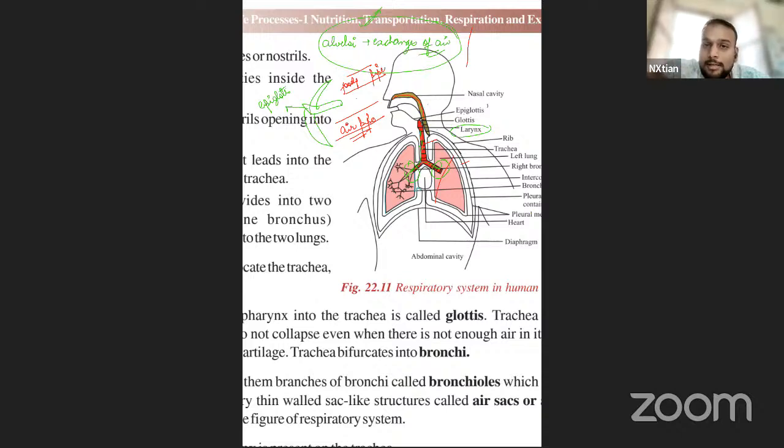The exchange of gases occurs at the alveoli, and the alveoli is the last part of the respiratory system. Understood, guys? Okay. Take a screenshot.